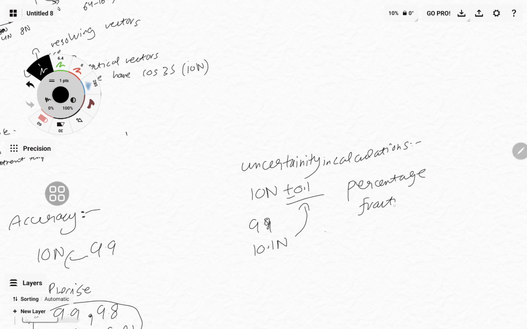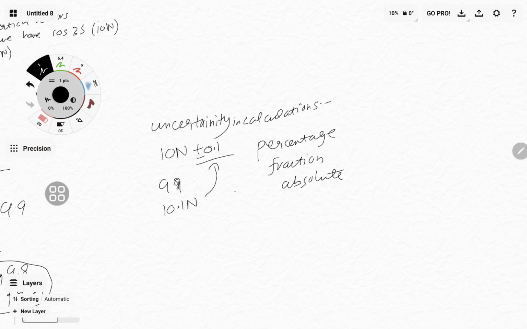Uncertainty can be in percentage, fraction, or absolute. So percentage would be calculated, let's say, with 10 Newton, and then we have, oh sorry, 10.1 Newton, divided by the Newton, multiplied by 100.